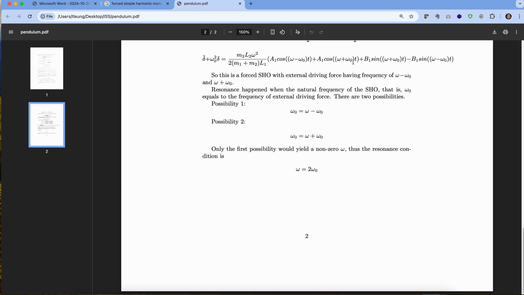So there are actually four driving forces here and two kinds of driving force frequency. One is omega minus omega naught, one is omega plus omega naught. But only the first possibility would yield a non-zero omega. Thus the resonance condition is omega equals 2 times omega naught.